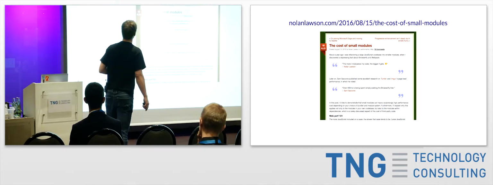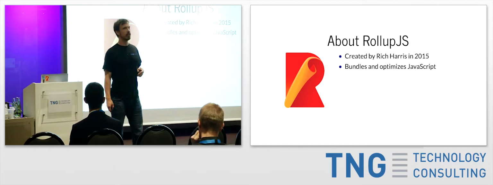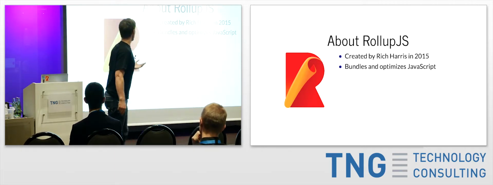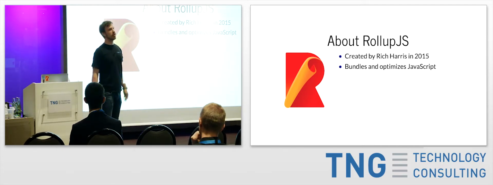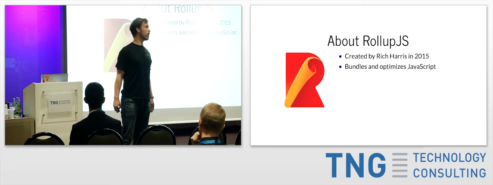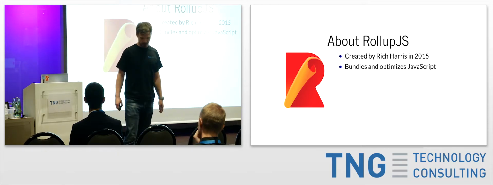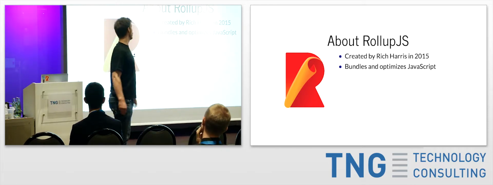And so what is Rollup? As I already said, it's a bundler and JavaScript optimizer. It was created by someone called Rich Harris in 2015. Rich Harris is actually not a programmer by profession. He's actually a journalist who happens to have created a huge number of great open source projects.